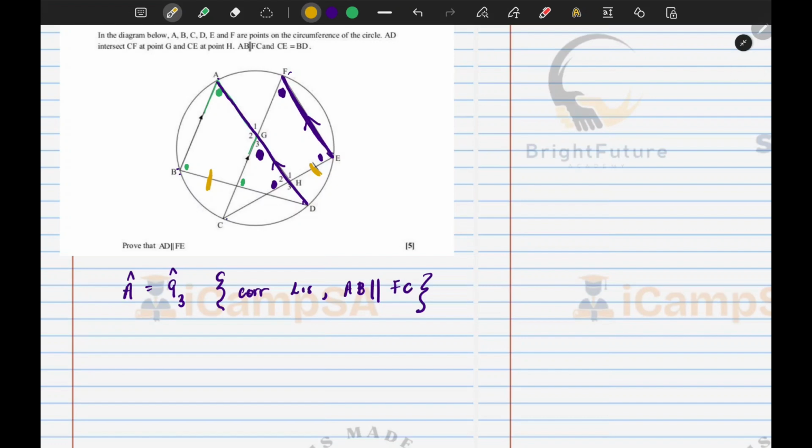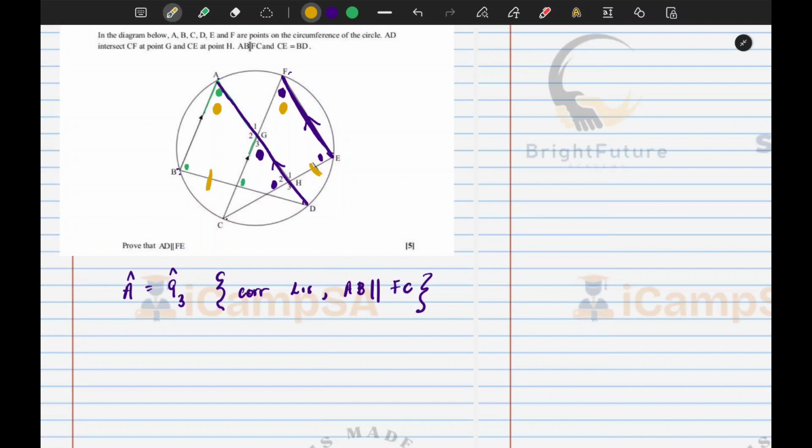Another thing we can notice is that we are being told this is equal to this, so these angles are going to be equal to each other. Why? Because angles subtended by equal chords are equal.